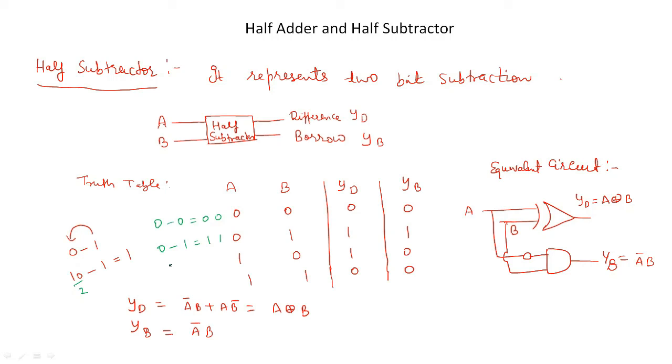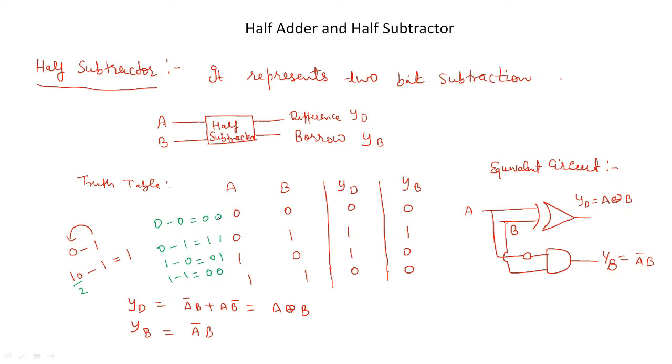Then we do 1 minus 0. So it will be 1 minus 0, which is equal to 1. So it will be written as 0 into 1. Then 1 minus 1 will be 0, so it will be written as 0 0.